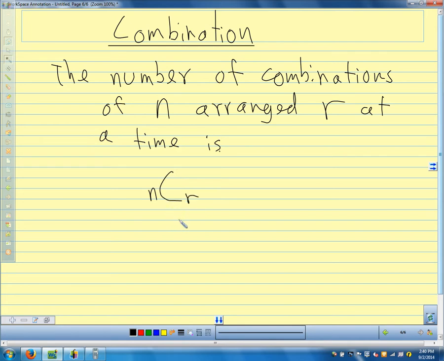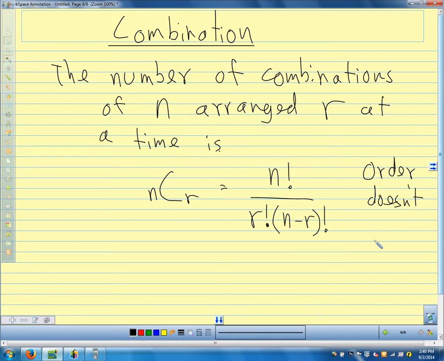You can also say n choose r. n factorial over r factorial times n minus r factorial. I would give you this equation on the quiz or test. And this one is order doesn't matter. A different arrangement doesn't make it a different thing.